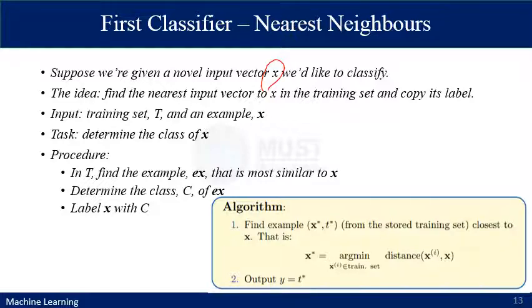The idea of the nearest neighbor algorithm suggests that we should find the nearest input vector to this example in the training set and copy its label. That means we should match the image of the cat or other animal with the training set that we have remembered or have in our memory, so we can compare those images, find the least differences, and then assign the values with that class.